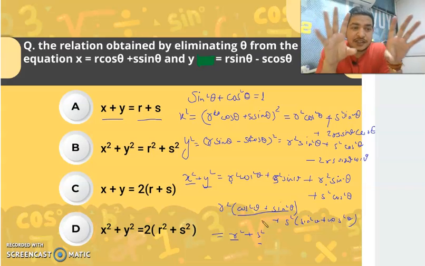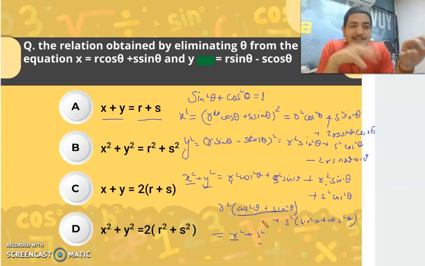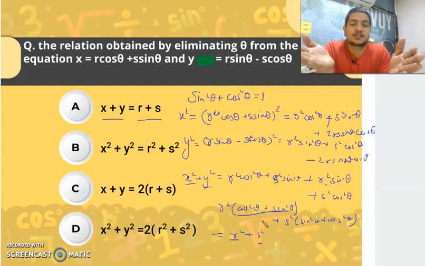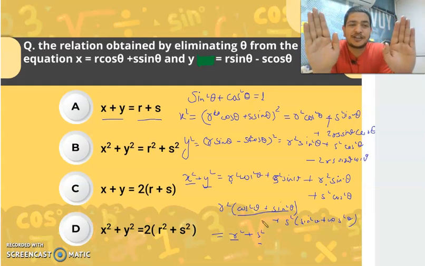So see the beauty of the CBSE board. They are using algebraic identities and trigonometric identities. They blended these two concepts and gave you a beautiful question. Hope you understand this one.